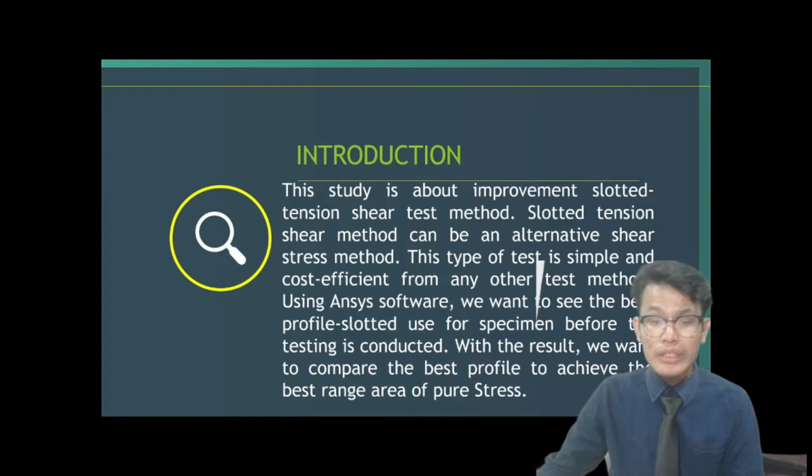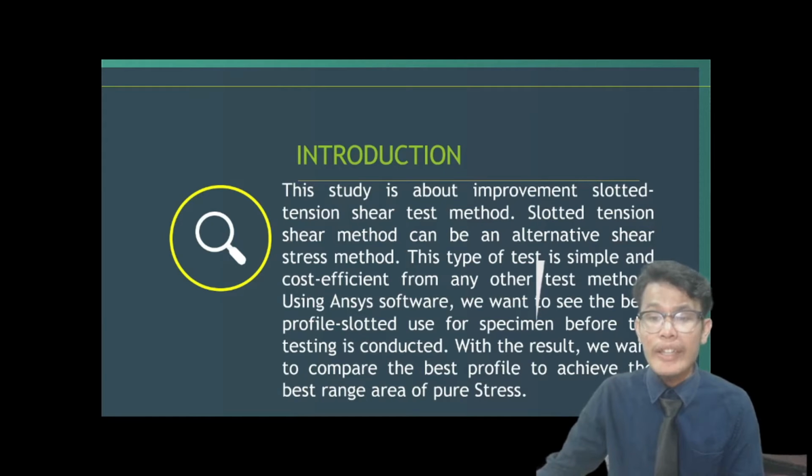For the introduction, this study is about improvement of slotted tension shear test method. Slotted tension shear method can be an alternative shear stress method. This type of test is simple and cost efficient compared to any other test method.